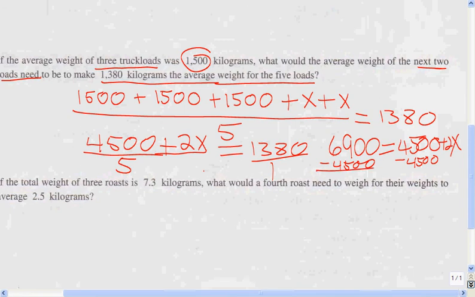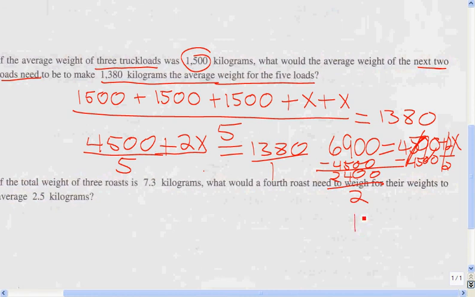That's going to give me 2,400. And then I'm going to divide that number by 2 so I can get x by itself. And that means I've got to get half of 2,400, which is 1,200.